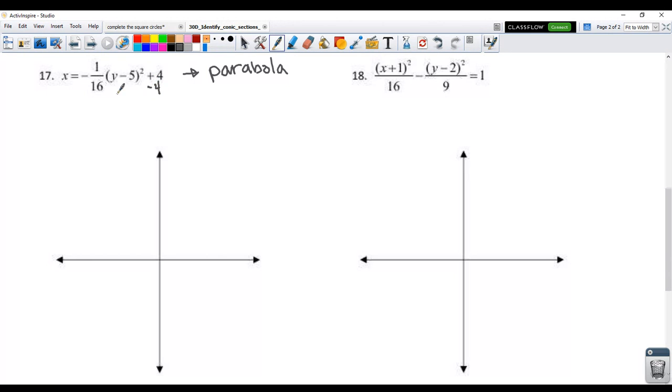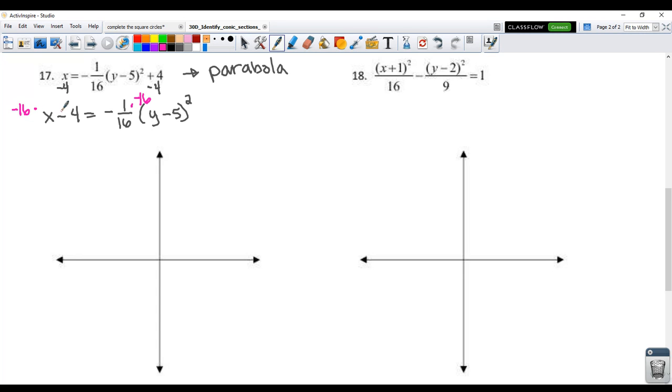So in order to do that, I am going to move this 4 to the right, to the left side. So x minus 4 equals negative 1 over 16 times y minus 5 squared. And now I'm going to move this negative 1/16 because we don't want to have a fraction in front of our squared thing.